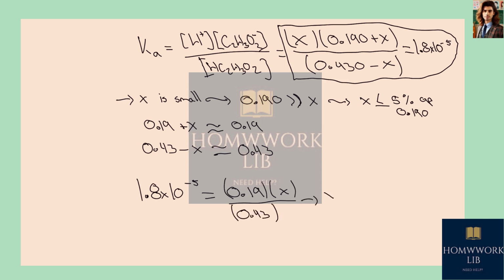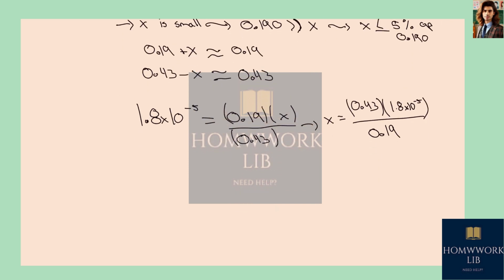Solving for X, it's 0.43 times 1.8 times 10 to the minus 5 divided by 0.19. And the value for X turns out to be 4.07 times 10 to the minus 5 molar.